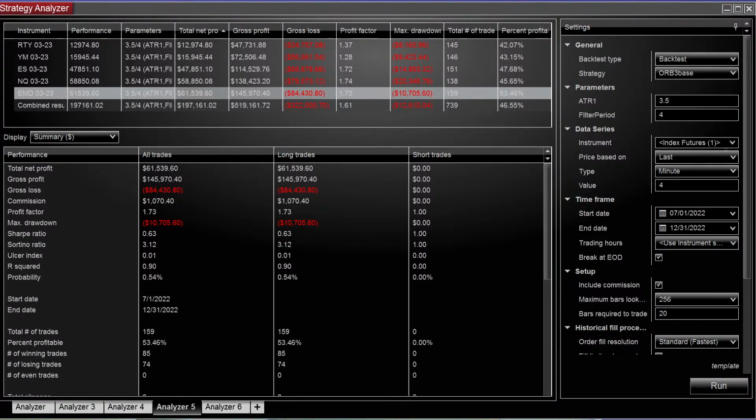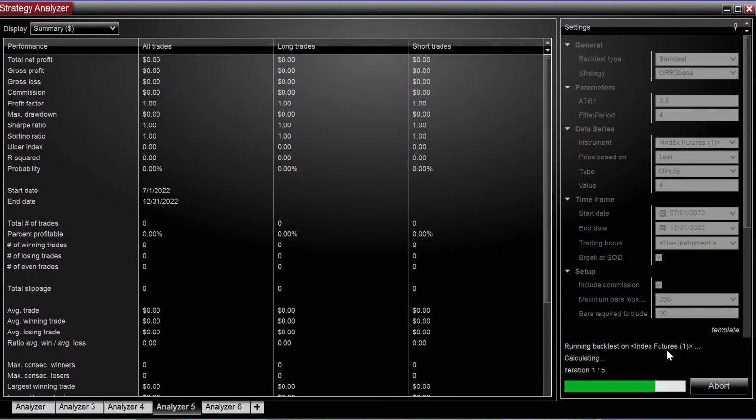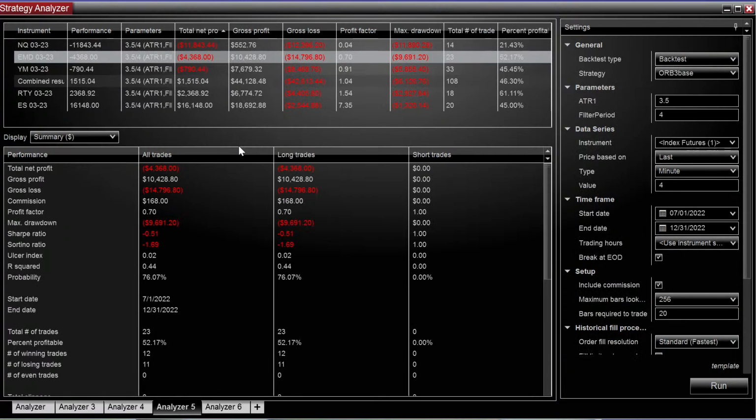Right now we're basically saying we can't just be up, we have to be up quite a bit. So that might be adding too much of a constraint, but we're going to find out. Now this filter period isn't doing anything here. Just keep that in mind because we've removed the indicator that was using this parameter. Let's go ahead and run it. So we only got 108 trades total.